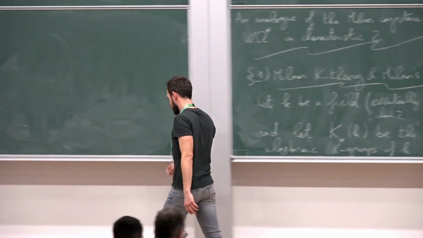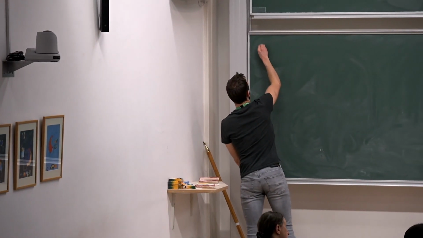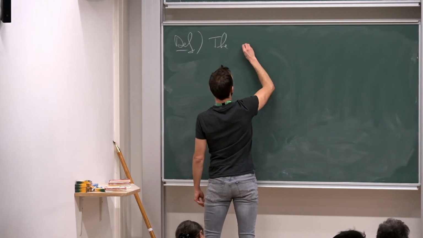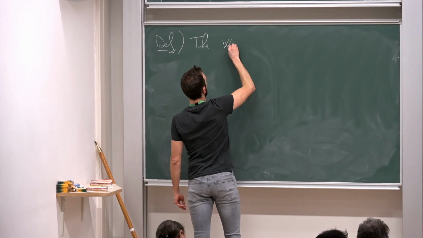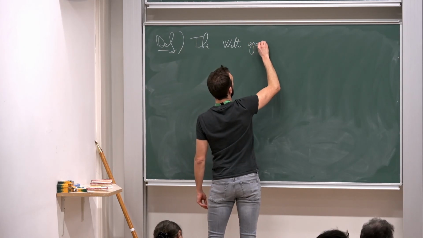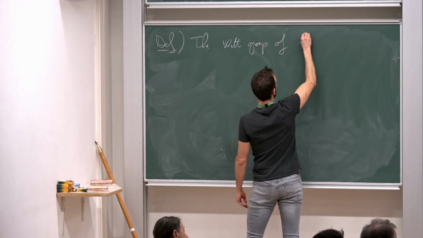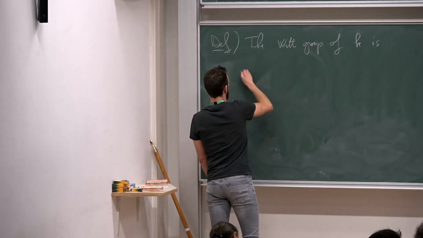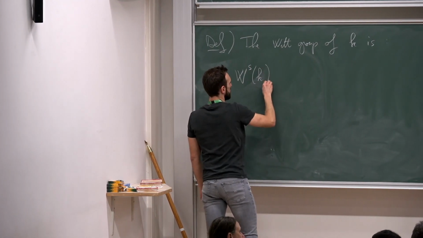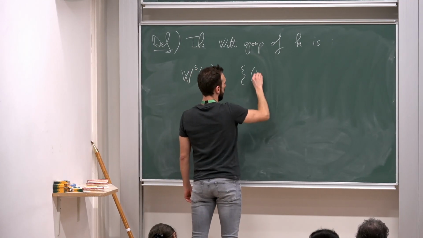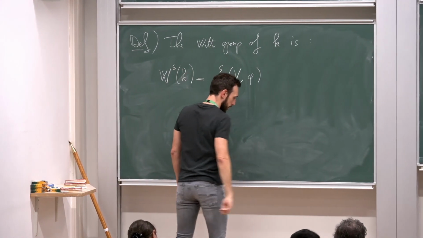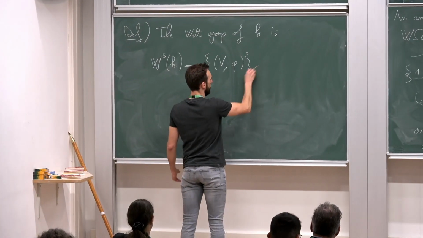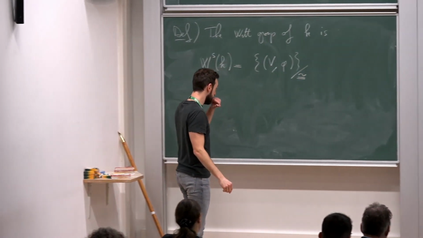And now we can define the Witt group. So we take the set of non-degenerate symmetric forms on V, and to really make it a set, we take isomorphism classes.